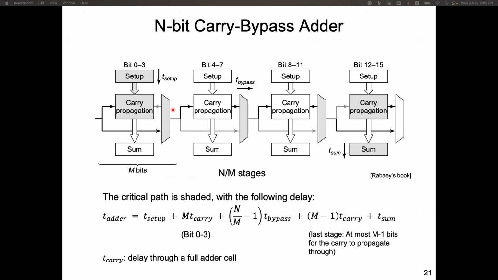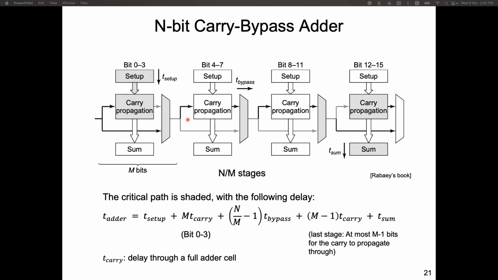Now, the carrier propagation cannot be skipped for the first stage. Say each stage has m bits, and now we have n of m stages. So the worst case is that the carrier propagates from bit 1 all the way to bit 16. This can be detected.